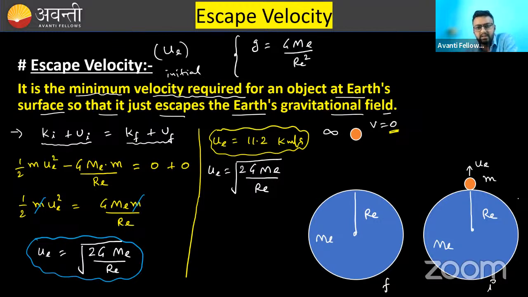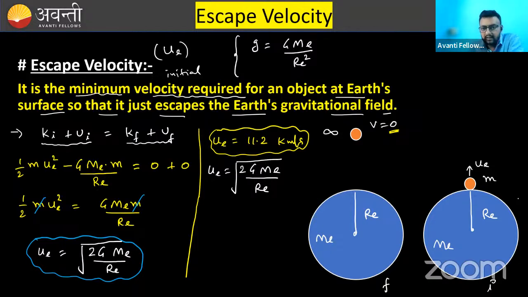I think this relation is remembered by you. This should have been discussed in the first or second lecture of gravitation. So if someone is joining late in the session, no issue. This is the only thing that we have discussed till now, escape velocity.